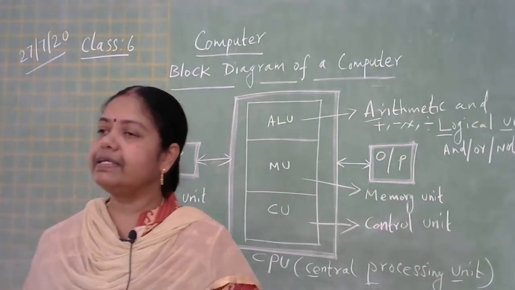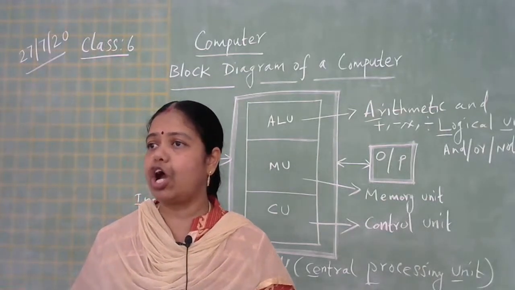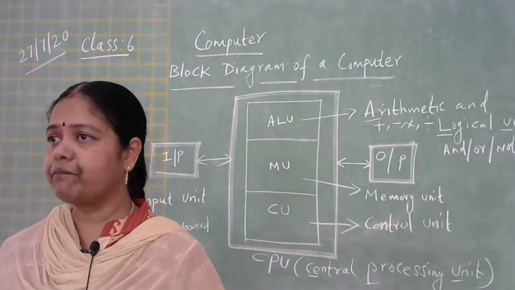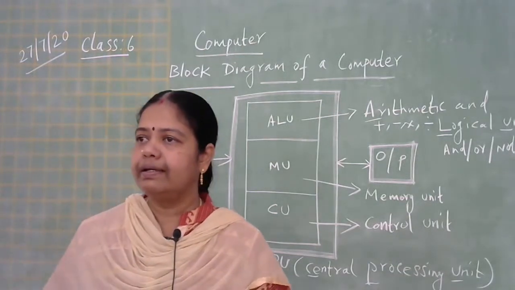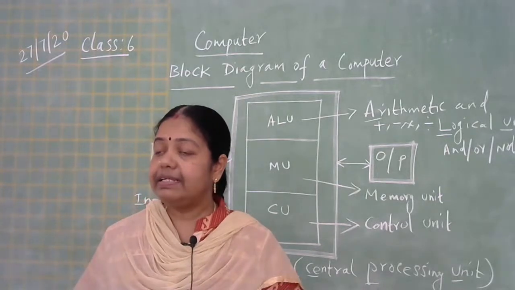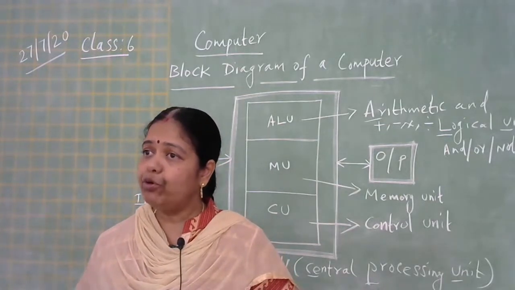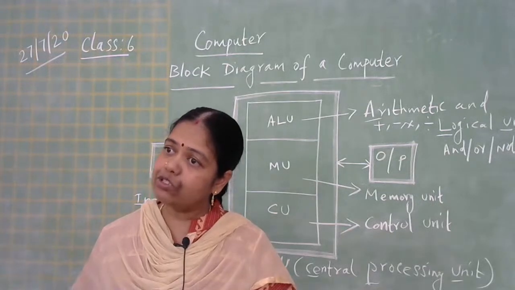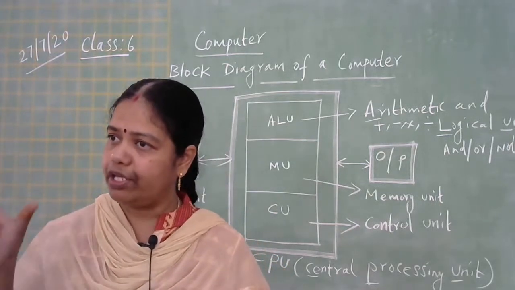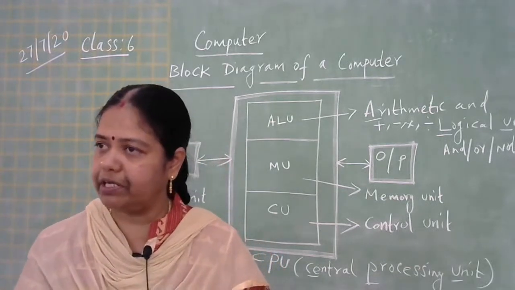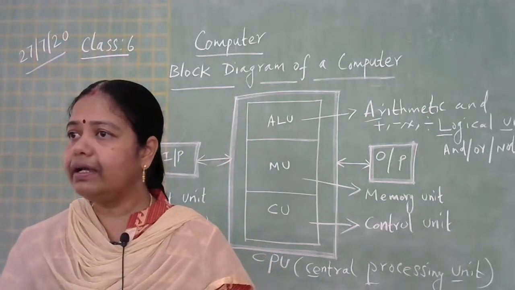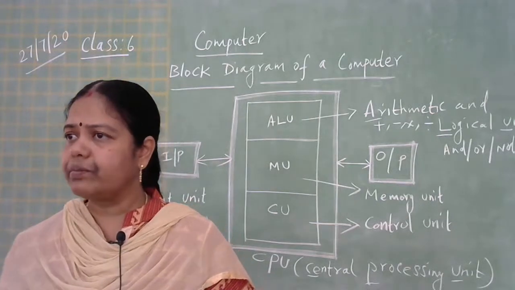Now we are discussing the input devices, not the output devices. Keyboard, mouse, touch screen, scanner, these are all called input devices. Even a camera is called an input device. You can capture a photo and send it to the computer. This is called an input device.